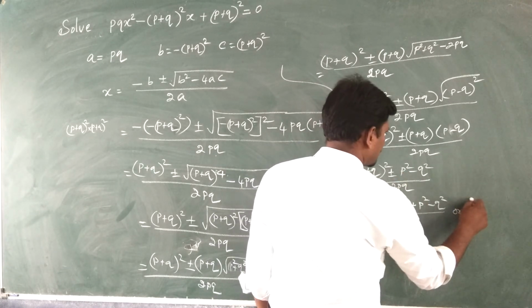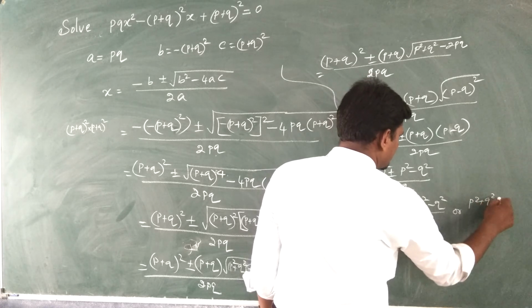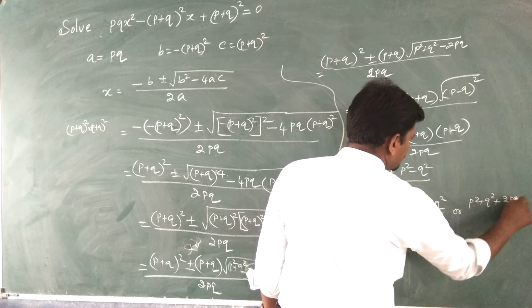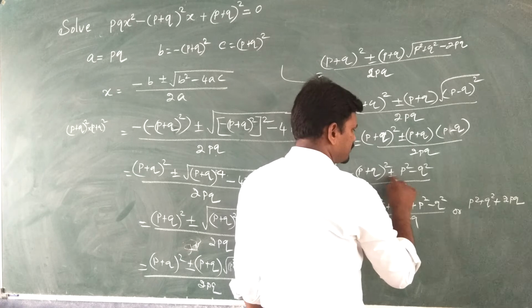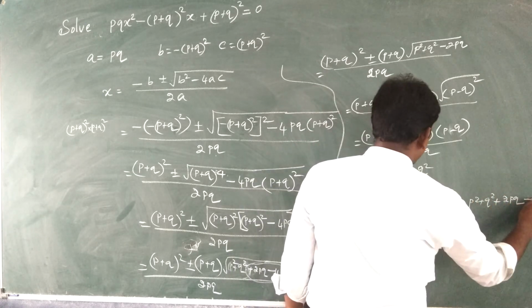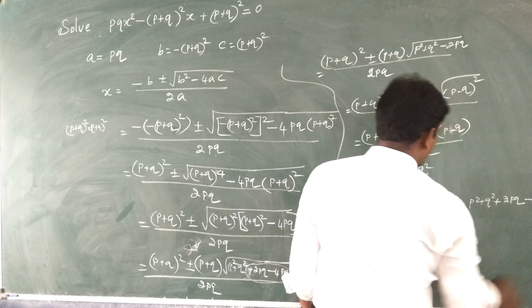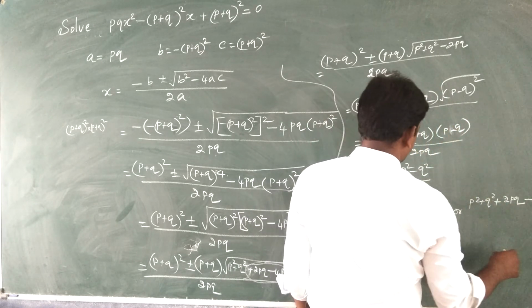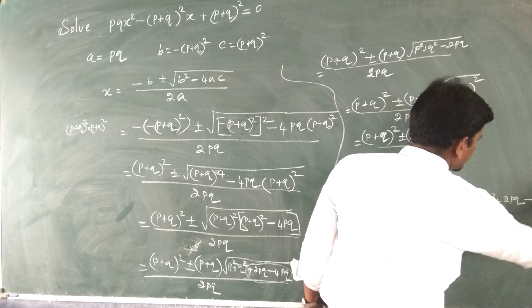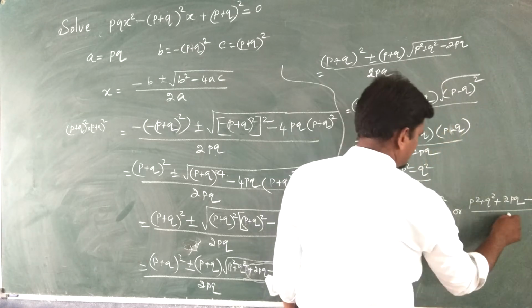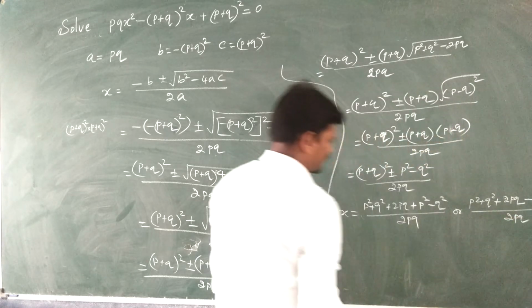So p square plus q square plus 2pq, and if it is minus, minus p square, and minus into minus is plus q square, by 2pq.